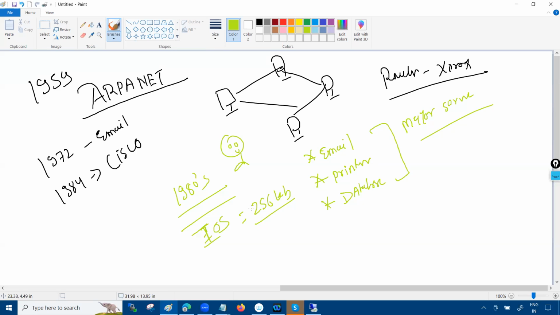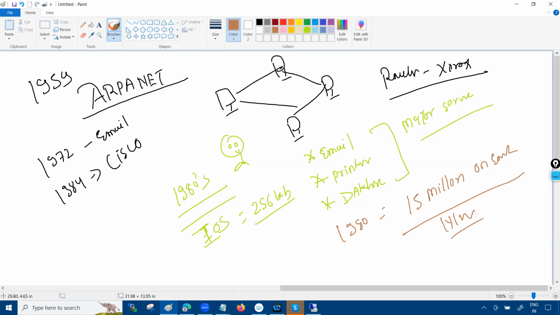Gradually, Cisco made lots of improvements in the iOS. They made it 1 MB, 10 MBs. And in the 90s time, what happened? We had almost 15 million users on the earth who were using the internet services, networking services.